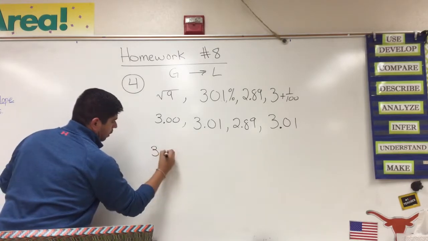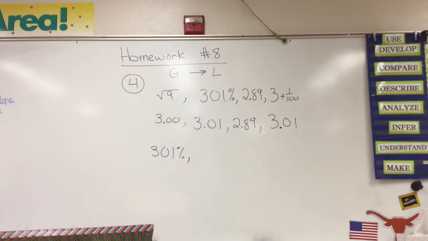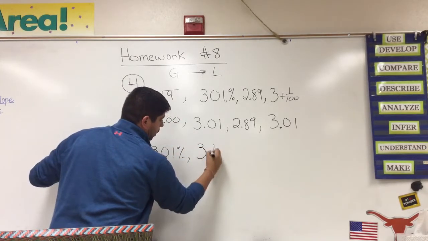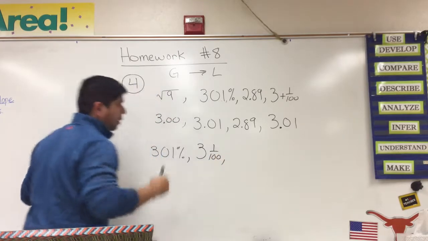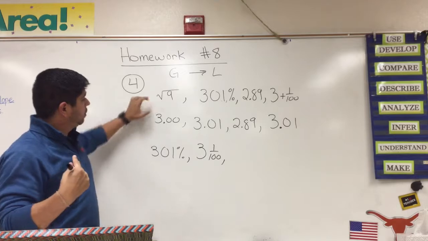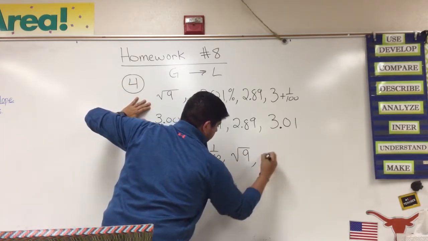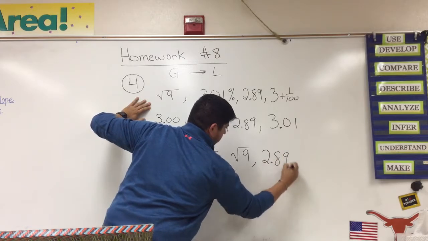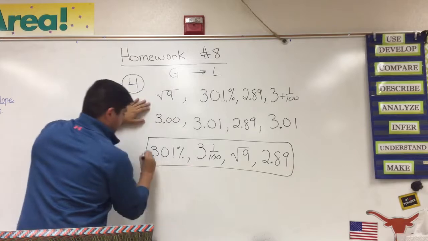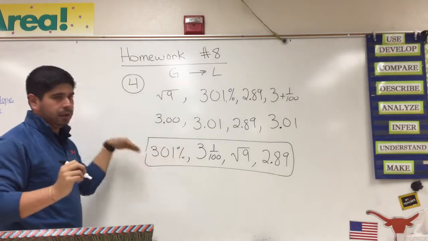So 301%, comma, then you're going to have 3 and 1 over the 100. Remember, I write them back in the original form, okay? And then next is going to be the square root of 9, and then 2.89. So this right here is your answer. Greatest to least, okay? Greatest to least, going down.